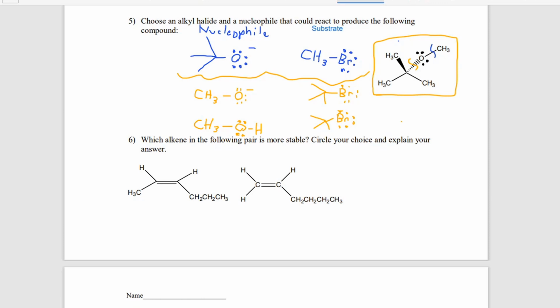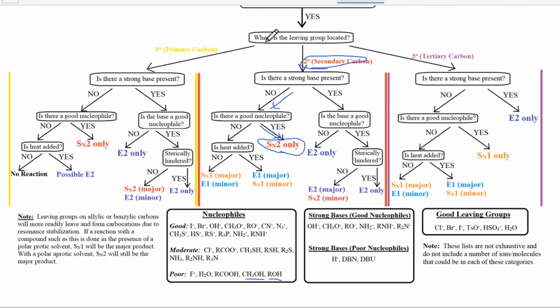Well, let's find out. Substitution versus elimination. Tert-butyl bromide is a tertiary leaving group, and there's a strong base present. That means we'd get elimination.